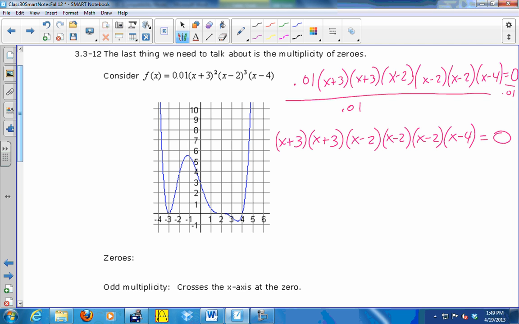6. Good. So when you have a long string of things multiplied together and the answer is 0, we usually take the shortcut and just write down the solutions, but what we're really doing is setting each factor to 0 when solving, right? So I get x plus 3 equals 0 twice, x minus 2 equals 0, I'm going to write this all vertically, 3 times.